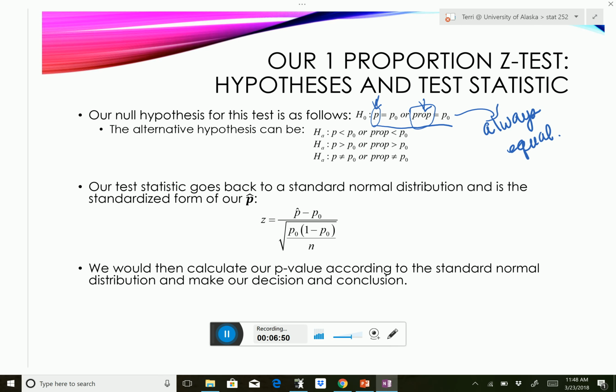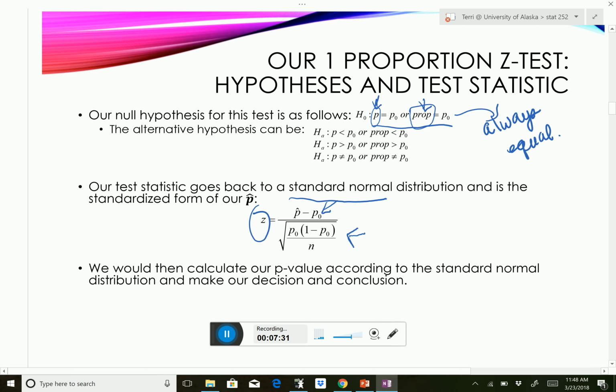Now your alternative hypothesis can be less than, greater than, or not equal to: left-tailed, right-tailed, or two-tailed. Your test statistic goes back to a standard normal. So we're not using T, we're back to using Z. We just do our standardized form: P hat minus P naught, because remember, P naught is our hypothesized mean, divided by the standard deviation, which is the square root of P naught times 1 minus P naught divided by n.